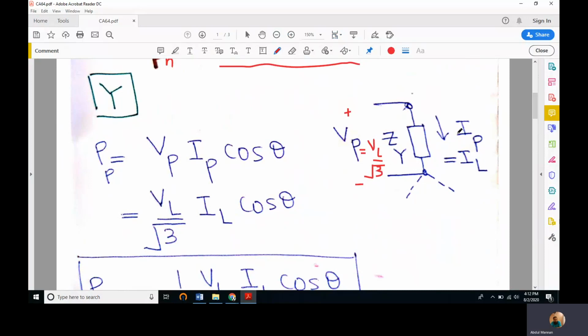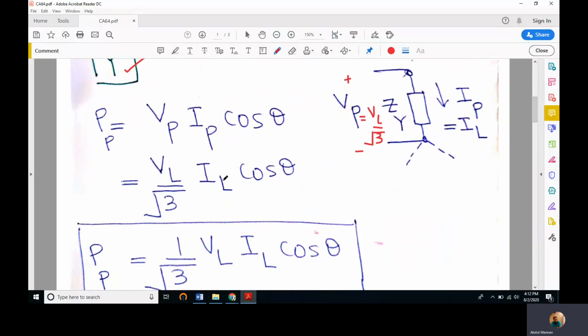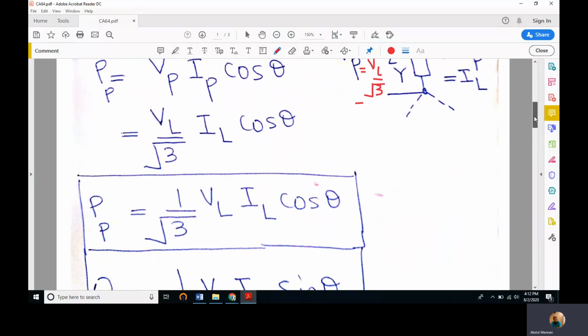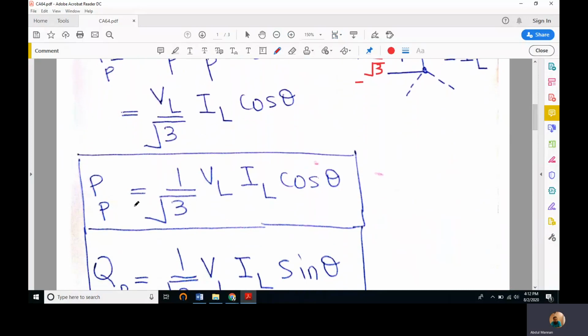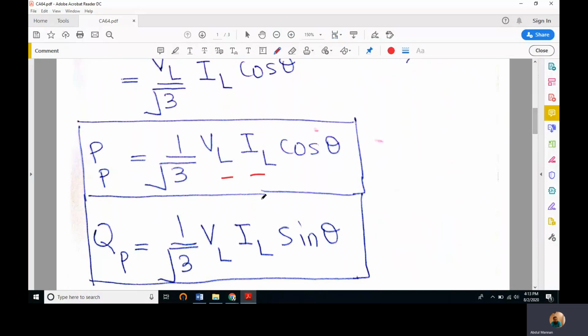Whereas we have only one type of current in a Y system, that is IP or IL. So IP equals IL, whereas VP, the phase voltage, is VL over square root of 3. So the per phase power can also be represented in terms of line voltage and line current for a Y-connected system. The same goes for reactive power, except that we have sine of theta instead of cosine of theta.